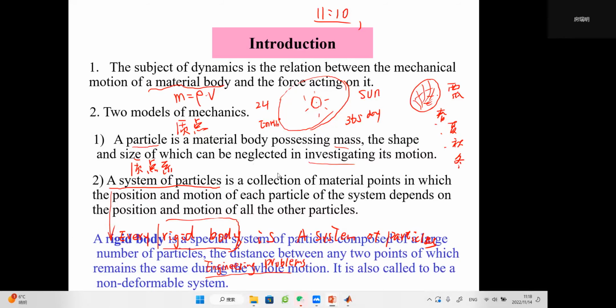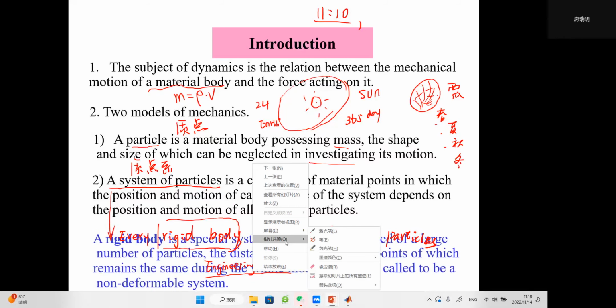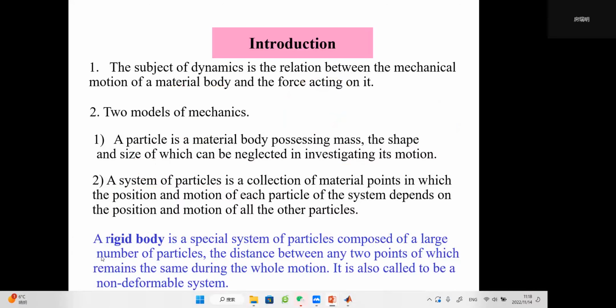And let me erase all I have written here. A rigid body is a special system of particles composed of a large number of particles, the distance between any two points of which remains the same during the whole motion. It is also called a non-deformable system, 非变形系统. You see?